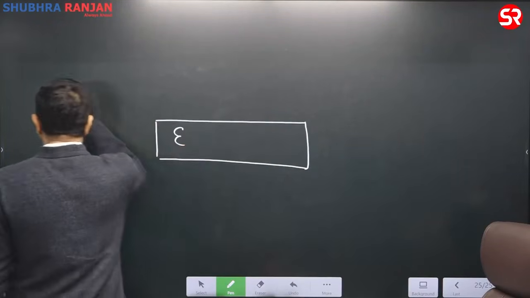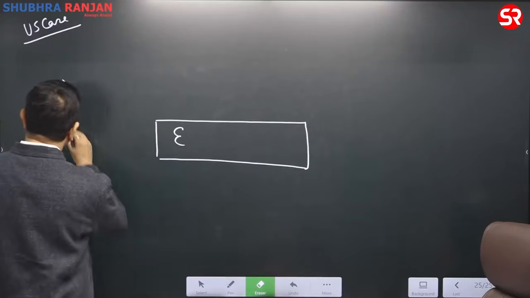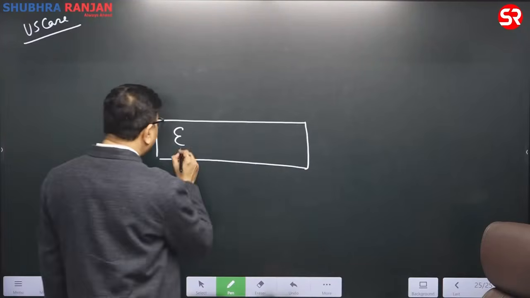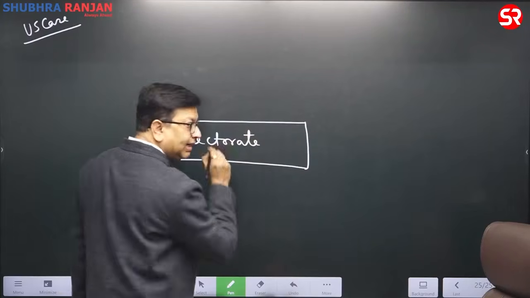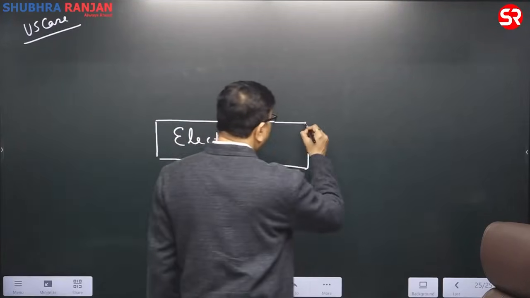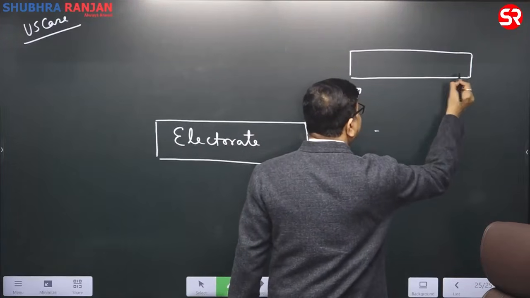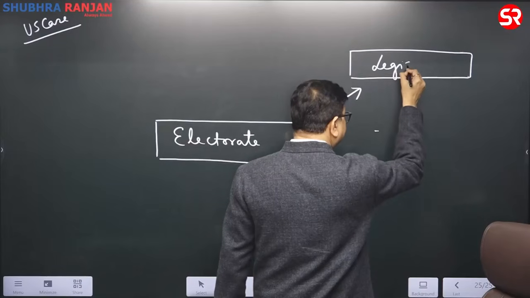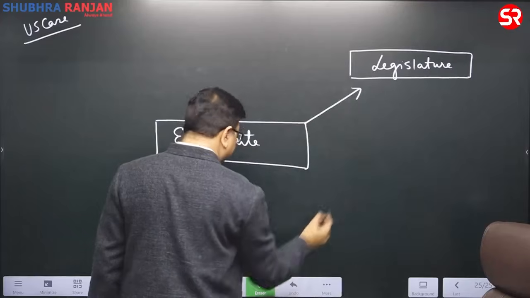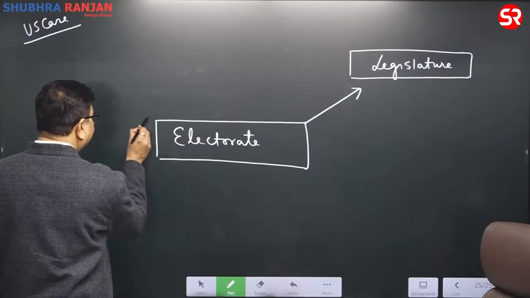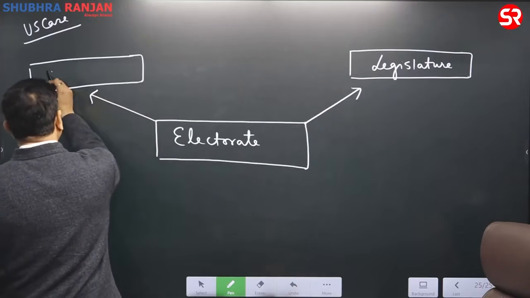देखो, the US case, the electorate, it elects the members of the legislature and it also elects the chief executive.